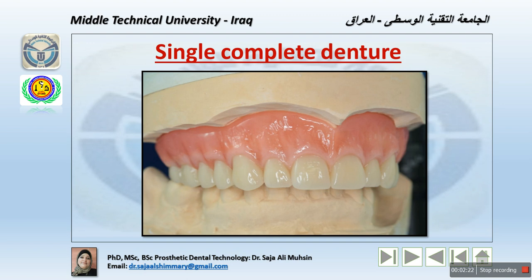Mesial drifting, or as we say, migration of the opposing natural teeth and the adjacent teeth, and increasing the mesial axial angulation, the tilting, where there is no balance at all, which produces an unharmonized occlusal plane.